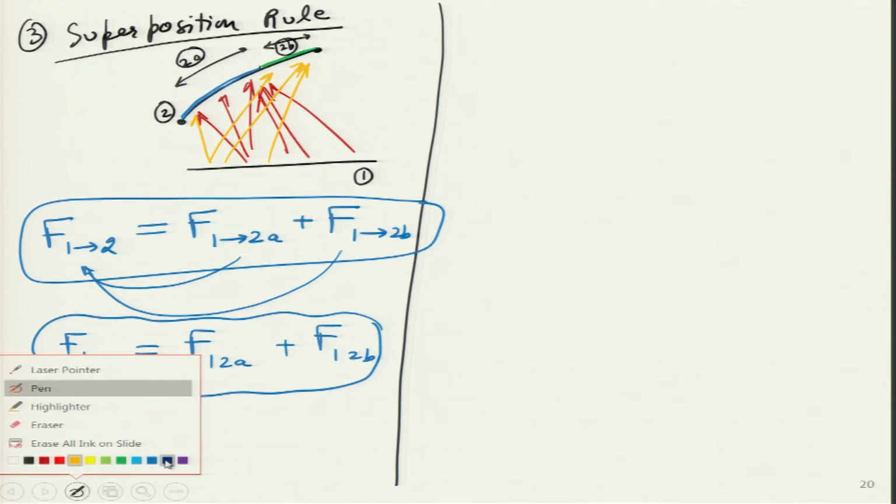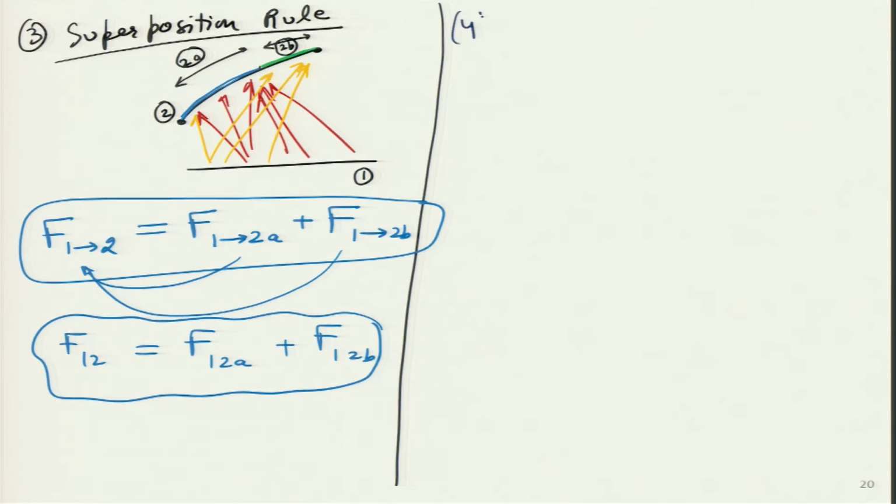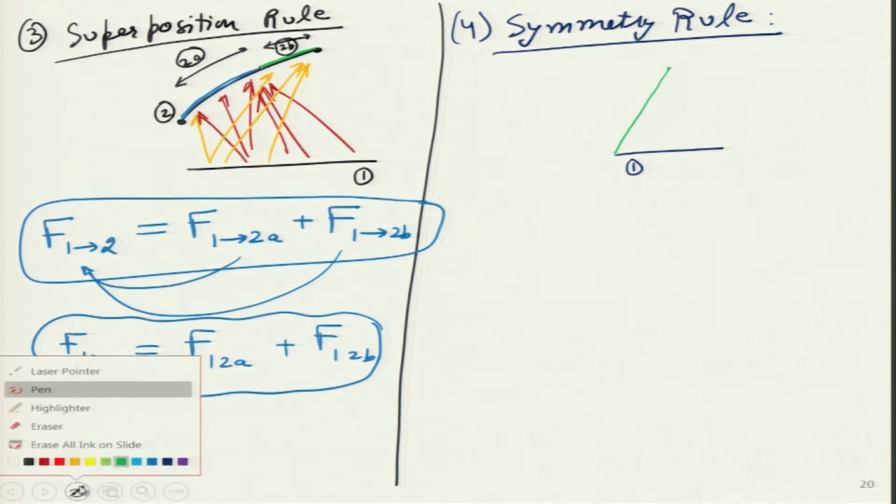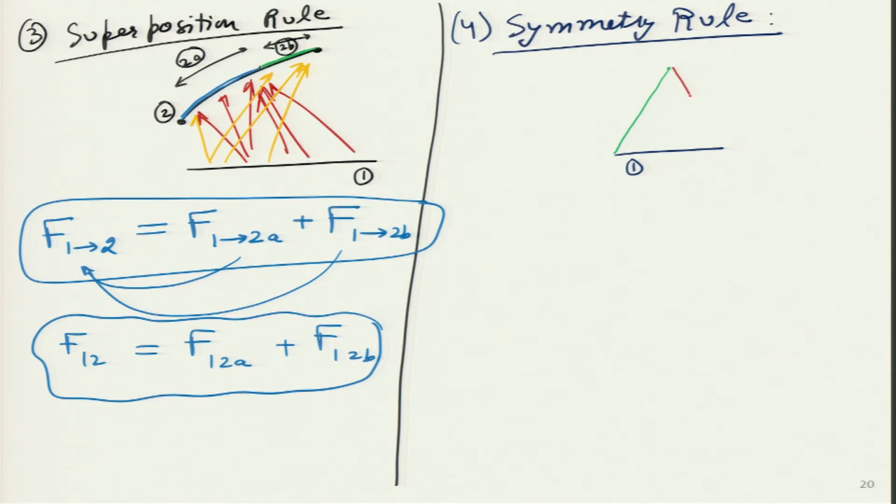Now, let us write one more rule which is very interesting. This is known as the symmetry rule. So, the symmetry rule is simply that if there is some surface 1 over here, and there are 2 more surfaces which are both symmetrical about 1, which means I am drawing over here, this is a green surface and this is the red surface over here.